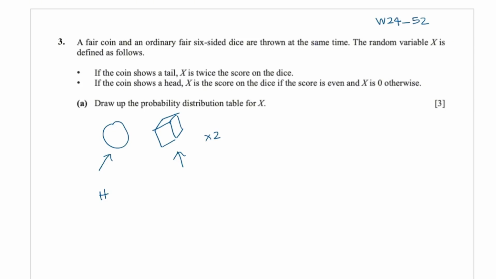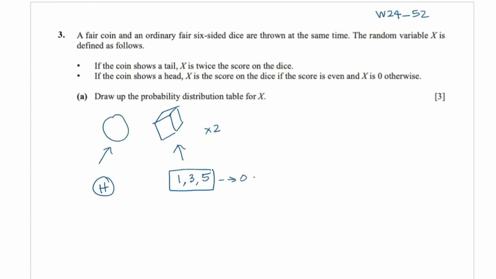Means that it is not possible for you to get a head and then getting number 1, 3, and 5. Okay, because when you get an odd number, the score would turn into 0. You get it? Now let's take a while to think about what are the possible scores you can have.